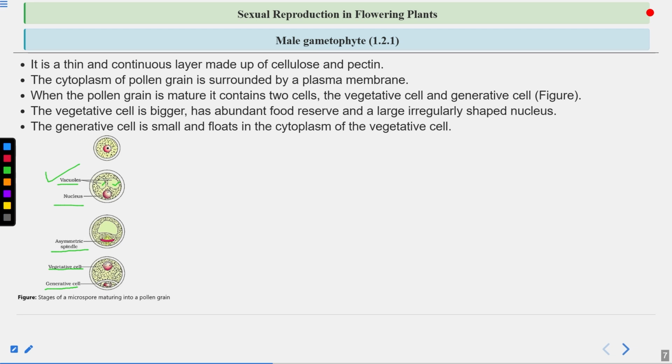So this is a mature pollen grain. It contains two cells, the vegetative and the generative cell. This first figure is again a microspore, but not in a mature form, while this is the mature one. That is why it is written here: when the pollen grain is mature, it contains two cells, one vegetative and one generative cell.